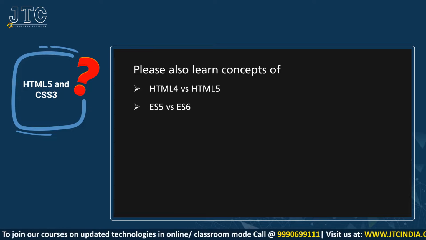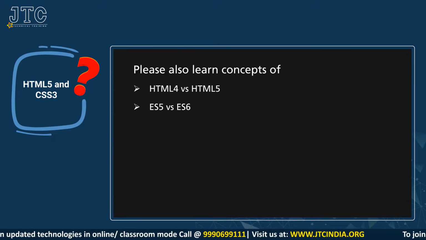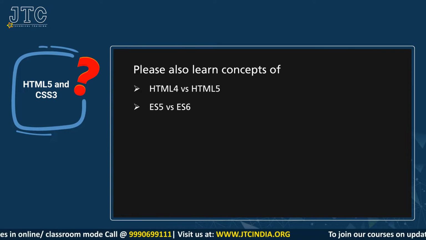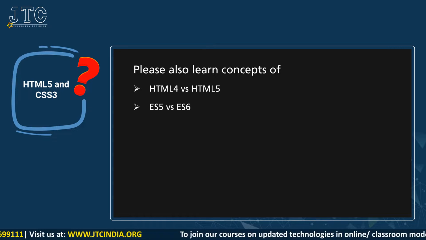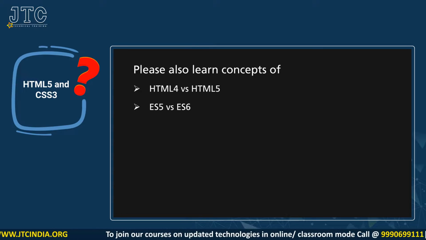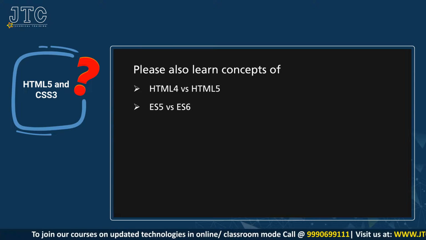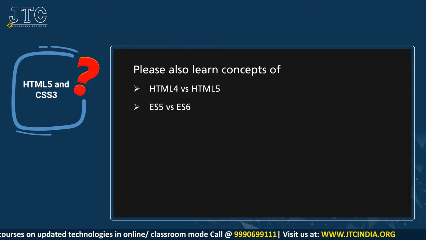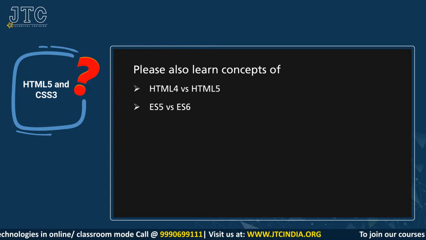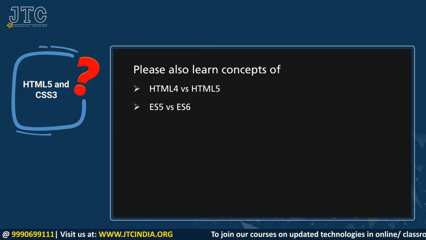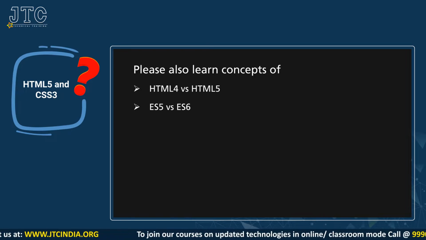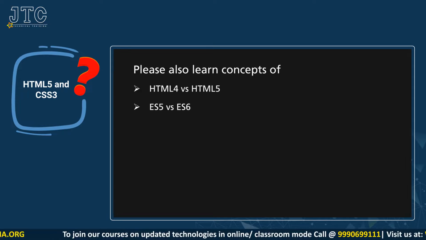The performance was very high, and people started to prefer working with HTML5 with a lot of controls. Even some of the controls of HTML5 are still not implemented by IE, Internet Explorer, which is quite expected from them. Even now, HTML5 has been in the market for the last 6 years, but IE has still not implemented all the specifications of HTML5.